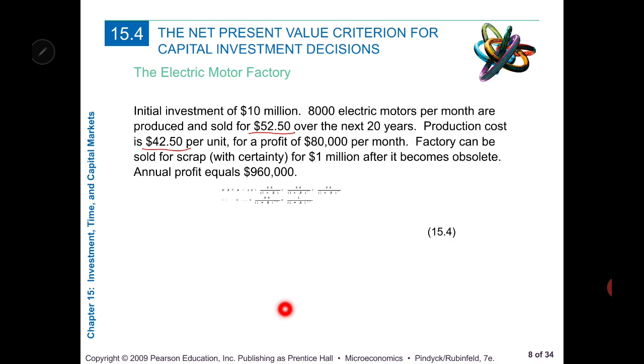So profit, and since you have 8,000 units quantity, profit will be 8,000 times the profit per unit, which between these two is $10. So that's where you get 80,000. The quantity here, revenue, cost. And then scrap value. Scrap value is 1 million.